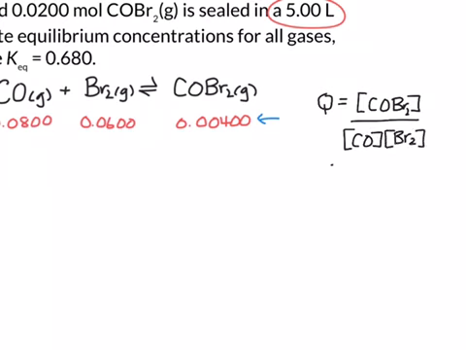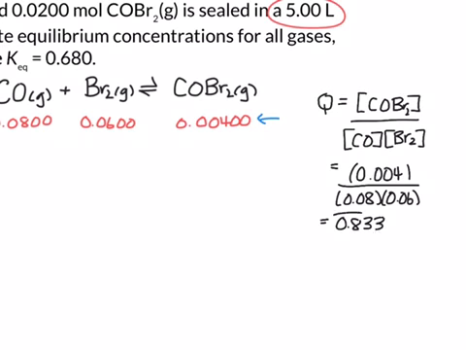But we're going to use our initial concentrations rather than equilibrium concentrations. So we're going to have 0.004 moles per liter divided by 0.08 moles per liter and 0.06 moles per liter.